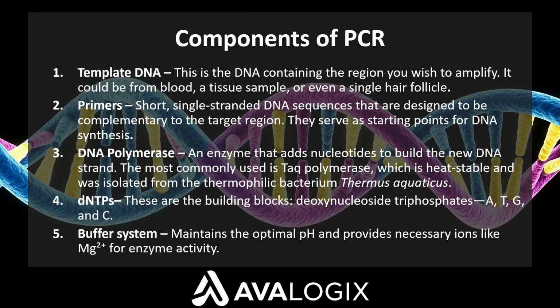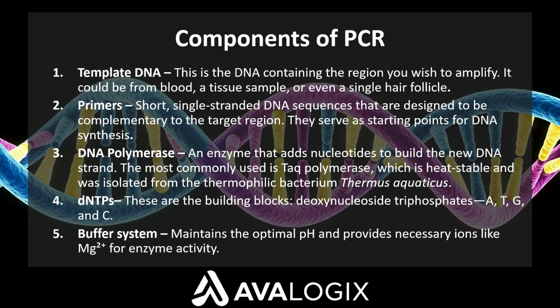First, template DNA is the strand that contains the sequence you aim to amplify. This could be extracted from a variety of sources: blood, tissue, plant material, or even ancient bones. The quality and purity of this DNA influence how well PCR will work. Even minute quantities of template, nanogram or picogram levels, can suffice due to the sensitivity of PCR.